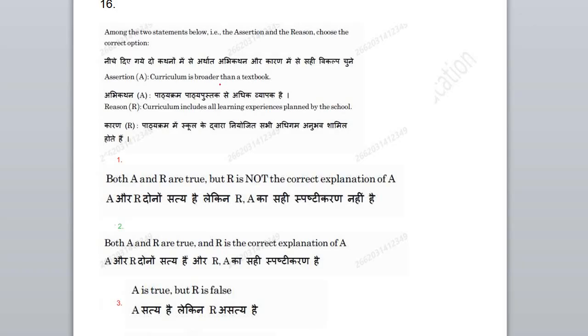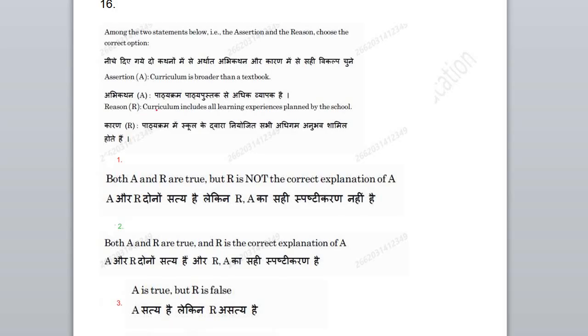Assertion, curriculum is broader than a टेक्स्ट बुक, ये assertion है. देन इसका रीजन क्या दे रहे हैं? करिकुलम. बेशक करिकुलम क्या है, ब्रॉडर देन टेक्स्ट बुक. टेक्स्ट बुक के अलावा जो भी एक्टिविटीज स्कूल में प्लान किए जाते हैं, बच्चों से कराए जाते हैं, तो ये तमाम करिकुलम होता है. सो इट इज बियॉन्ड टेक्स्ट बुक, मोर देन ए टेक्स्ट बुक.